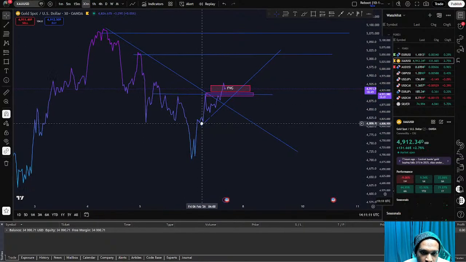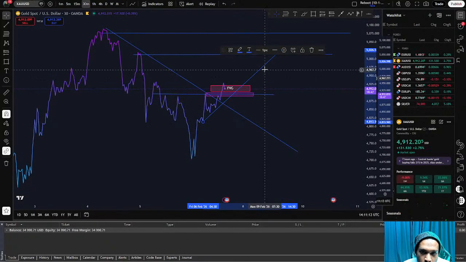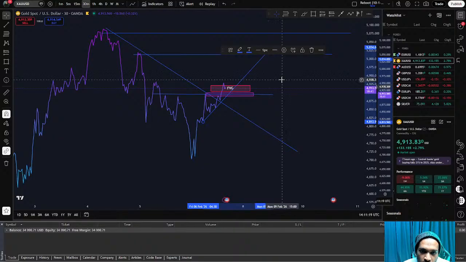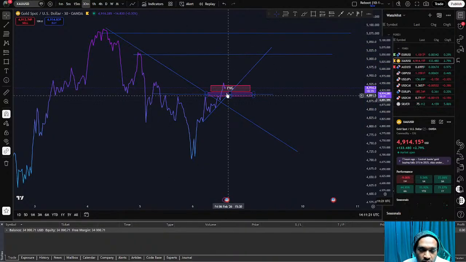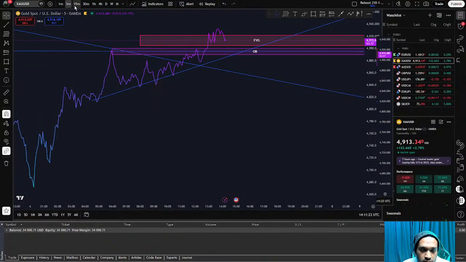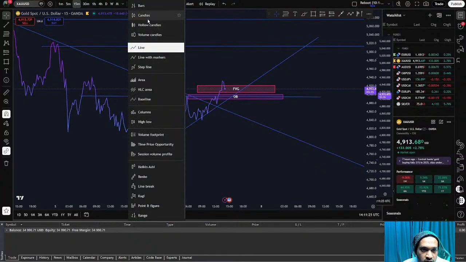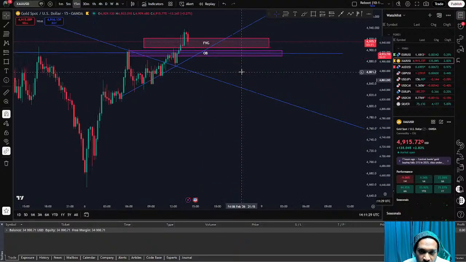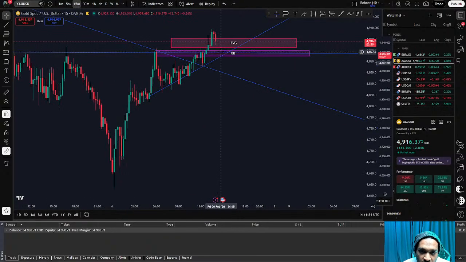Okay, so it's here, and most likely the price will end up here. Change back to candlestick. What we are looking for and hoping for is the price to come back into this area for us to make a buy zone.